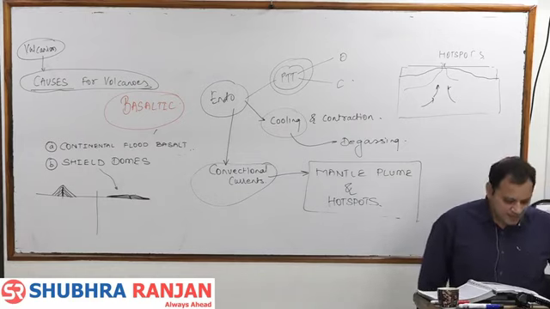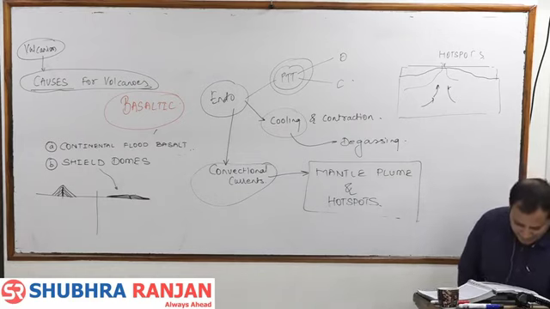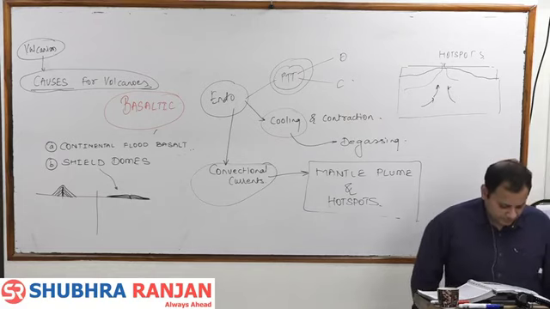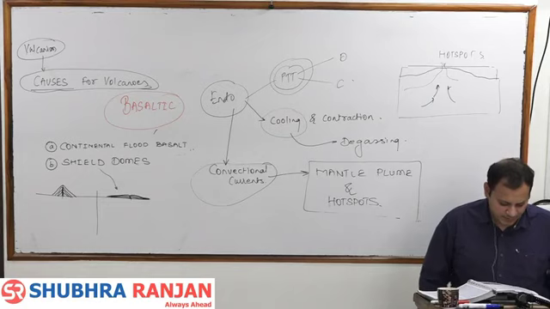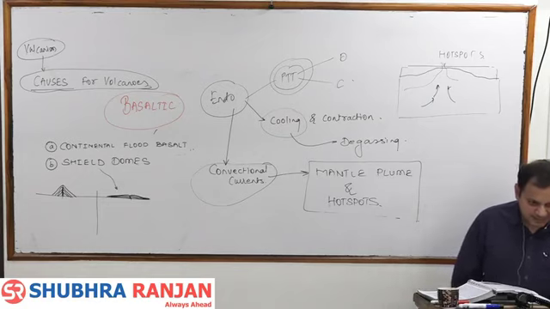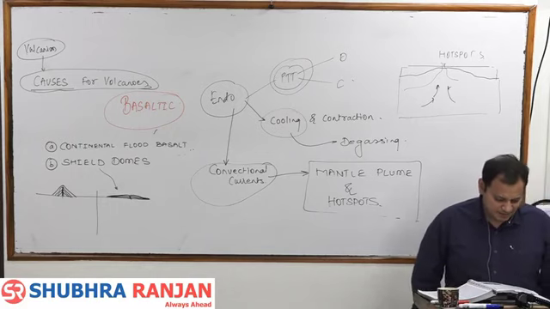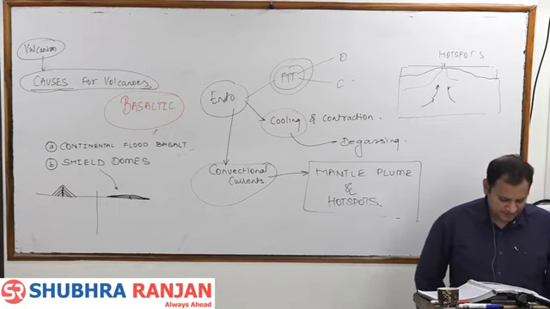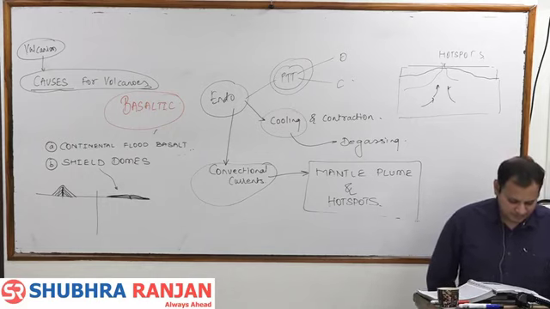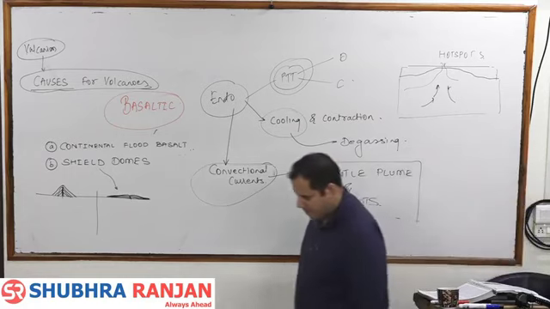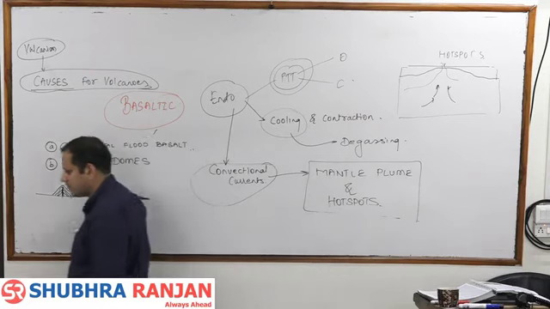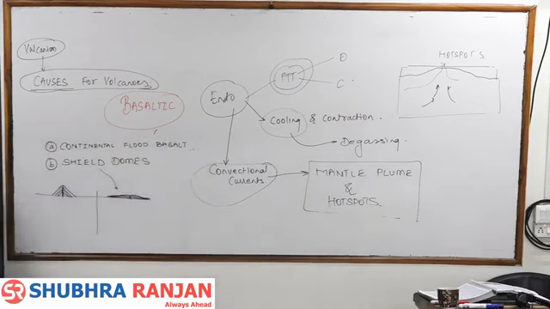On the other hand, acidic magma or lava has more than 60% silica, full stop.